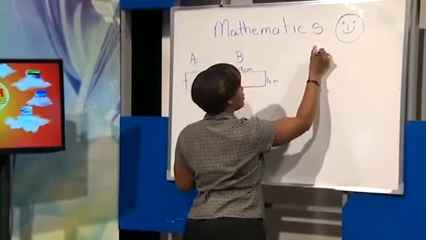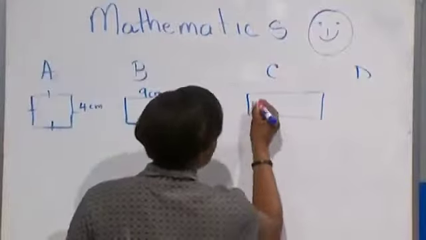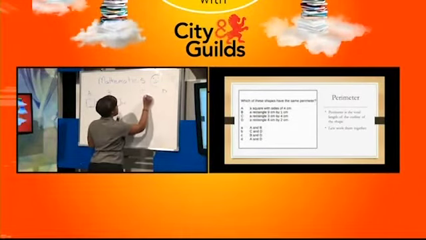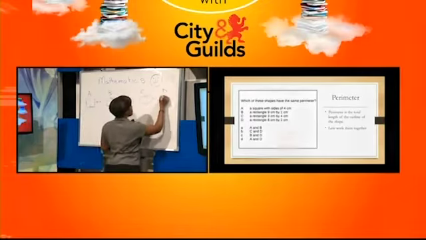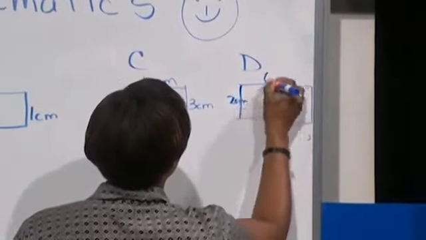So I have a rectangle again. The rectangle says 4 by 3. So I'm going to cut my rectangle down, 4 centimeters by 3 centimeters. And then my last one, rectangle, 6 by 2. So I have 2 here and I have 6 here.